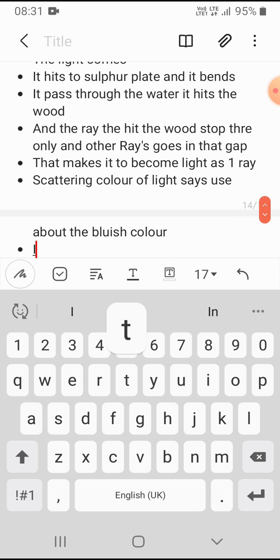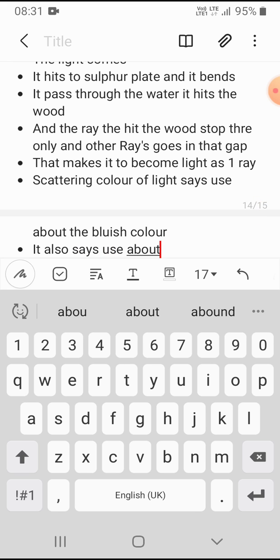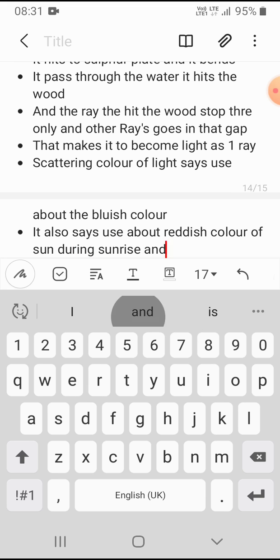And it also tells us about the reddish color of the sun. Why is the sun red? The reddish color of the sun during sunrise and sunset.